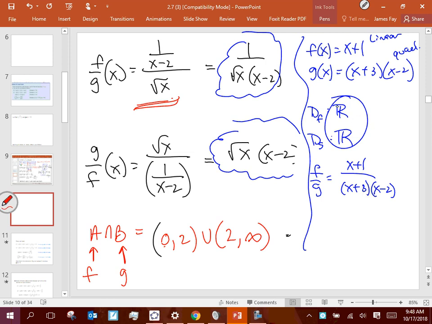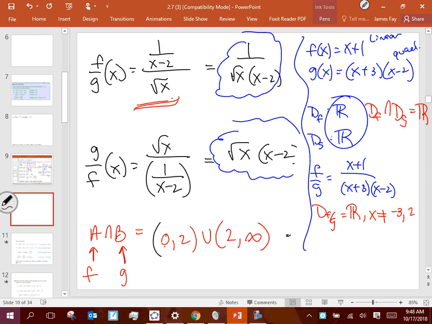So that overlap, domain of f intersects domain of g would again be all real numbers. But now look down here, it'd be all real numbers except for what thing? Yeah, so the domain of f divided by g would be, I'll just write it this way, all real numbers except -3 and +2, right?